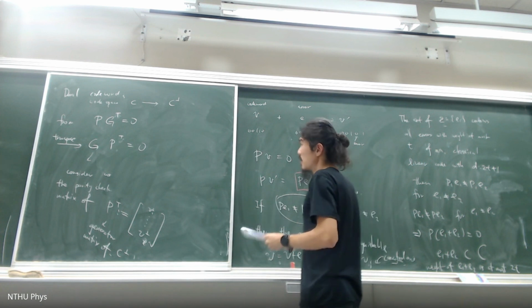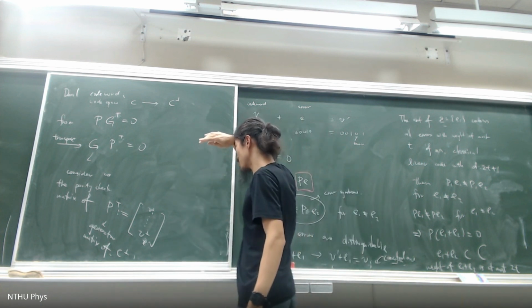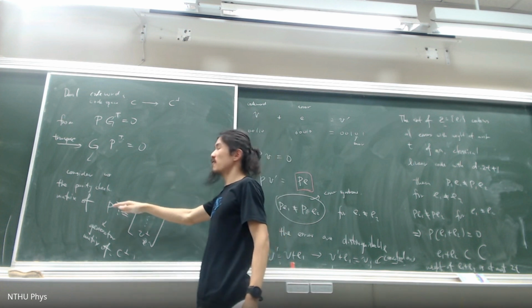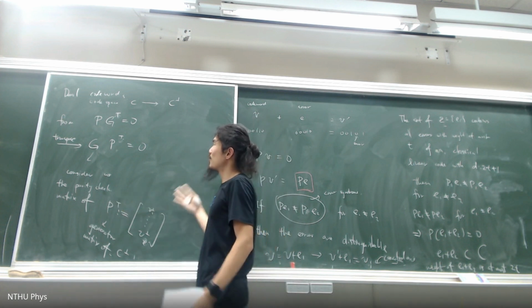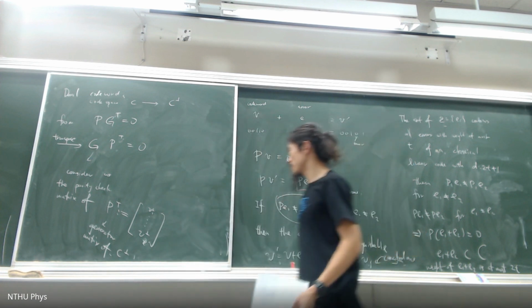And as you know, for this binary string, if I consider the even length bit string, then there's a possible way to make it self-dual.